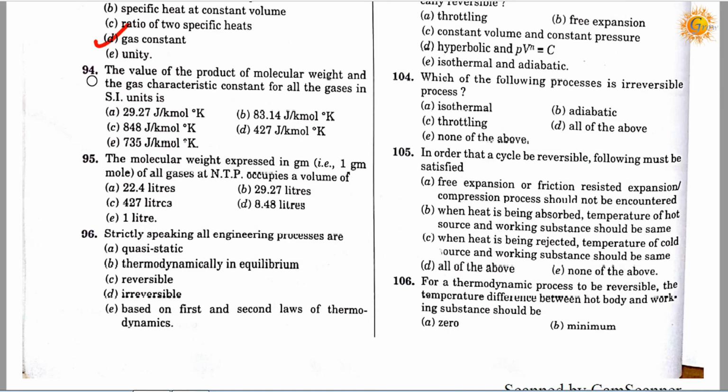Question number 94. The value of the product of molecular weight and the gas characteristic constant for all the gases in the SI units is option A 29.27 joule per kilomole degree Kelvin, option B 83.14 joule per kilomole degree Kelvin, option C 848 joule per kilomole degree Kelvin, option D 427 joule per kilomole degree Kelvin, and option E is 735 joule per kilomole degree Kelvin.